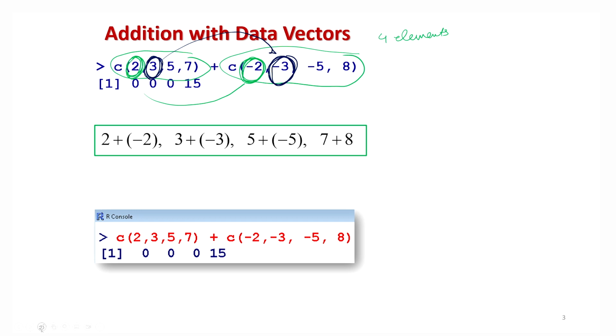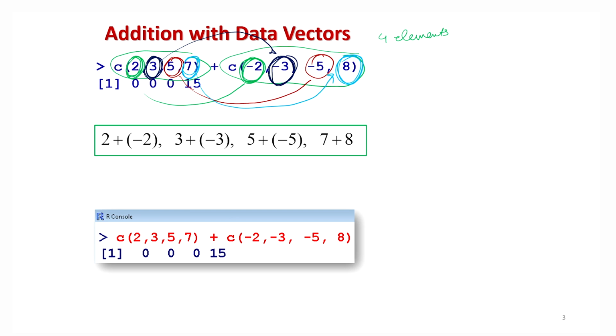And similarly, I am using a different color pen so that you can understand it. The number at the third position in the first data vector is added to the number at the third position in the second data vector. So this 5 and minus 5 will be added. And finally, the fourth element in the first data vector is added to the fourth element in the second data vector.